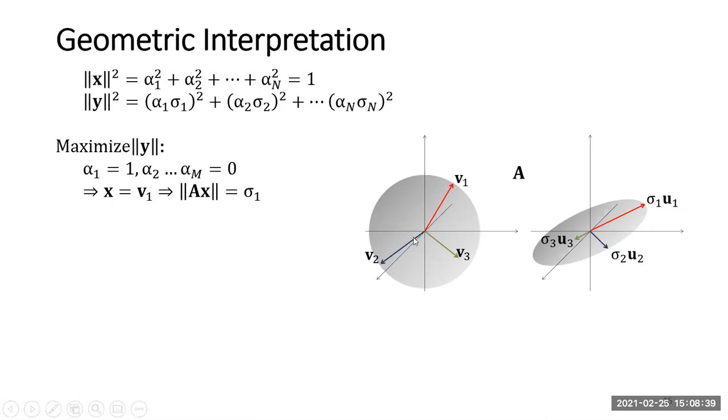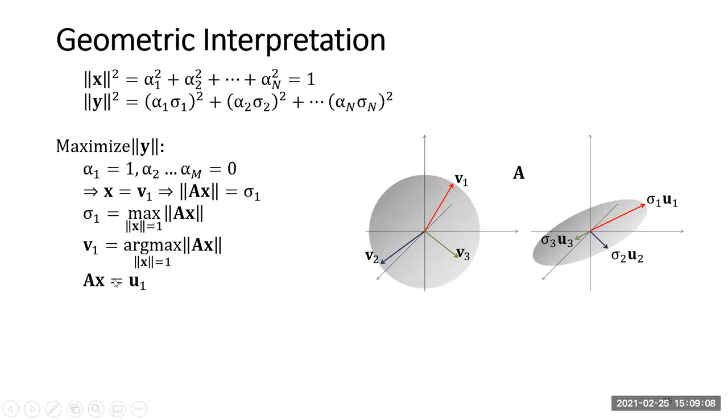Since I'm confined to a hyperplane that's orthogonal to v1, it means I have to make alpha 1 equal to 0. With alpha 1 equal to 0, how do I maximize this? By setting alpha 2 equal to 1 and all the remaining alphas equal to 0. Correct?